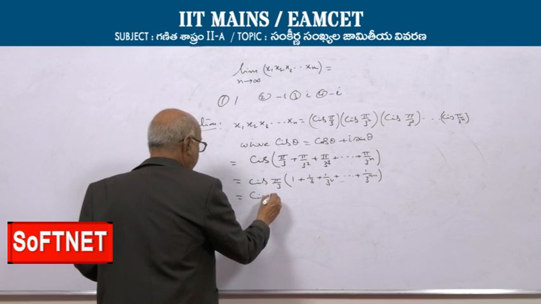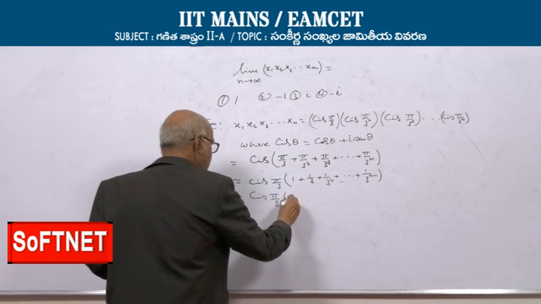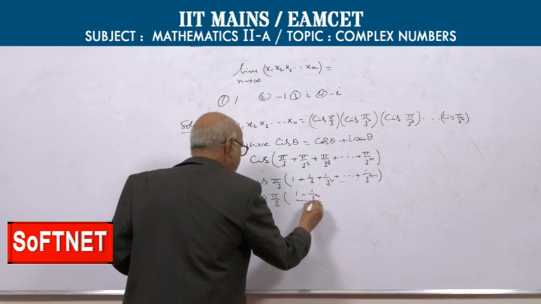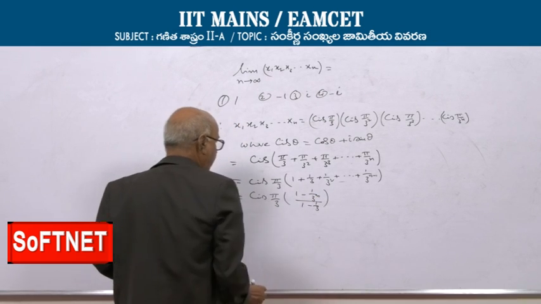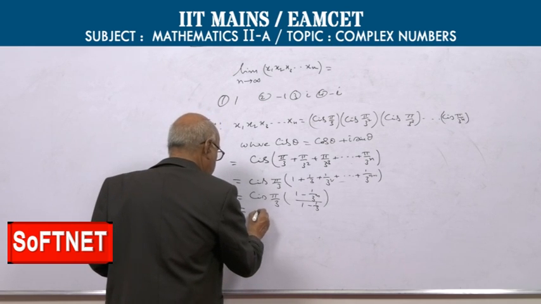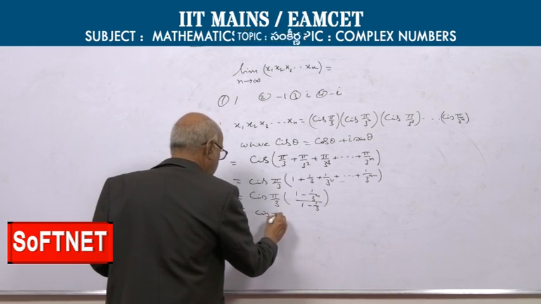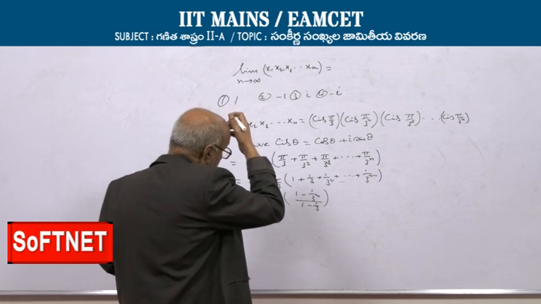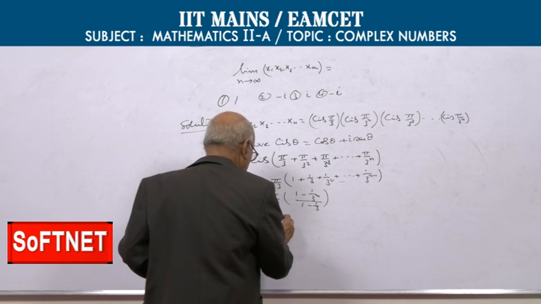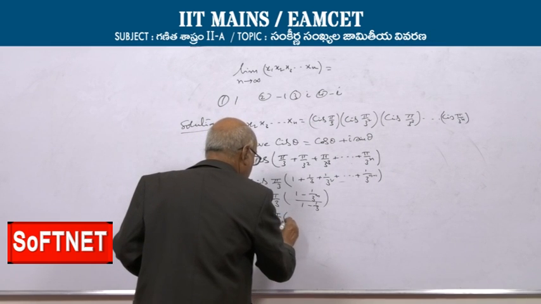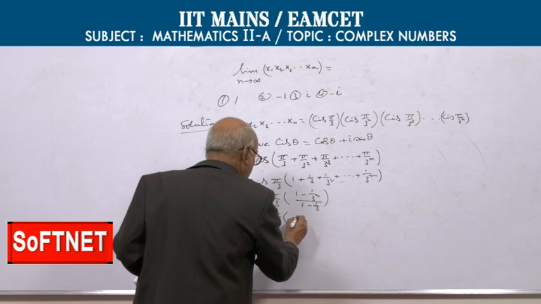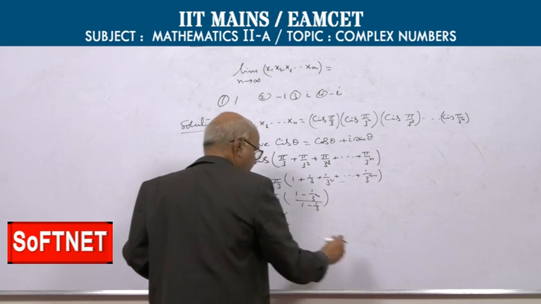So that is cis pi by 3 into 1 minus 1 by 3 power n by 1 minus 1 by 3, which is nothing but cis pi by 3 into, 3 goes to the numerator.